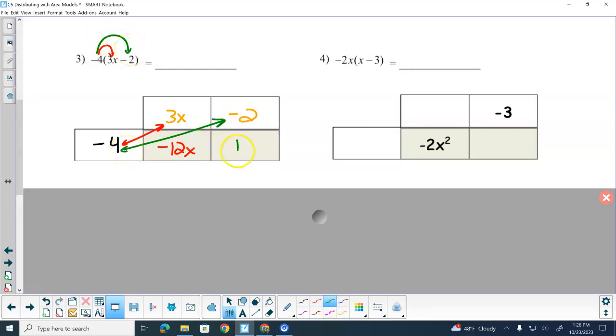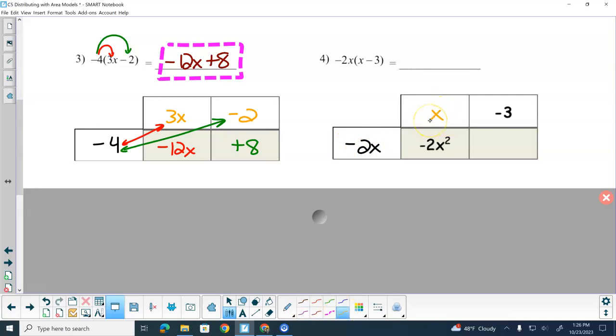That's going to give me +8. So together those combine to be whatever's outside goes in that spot.